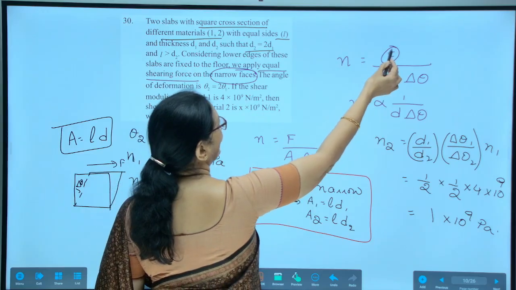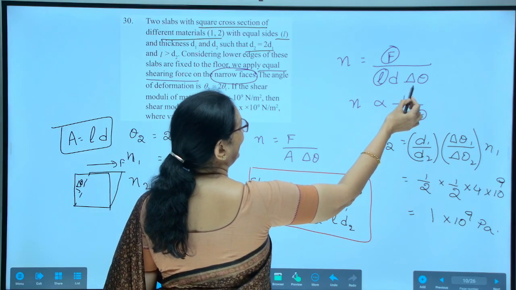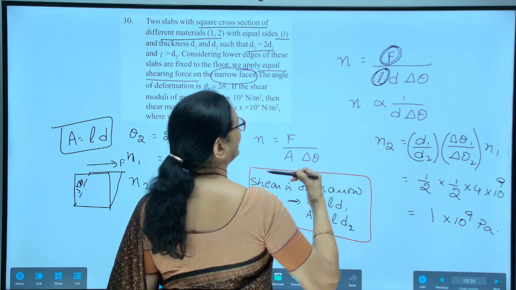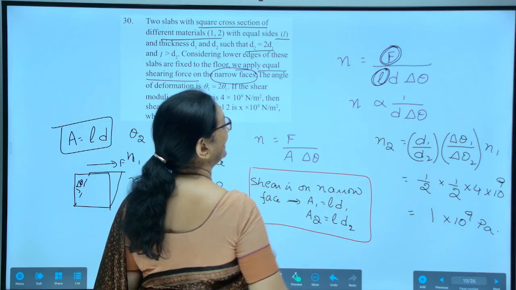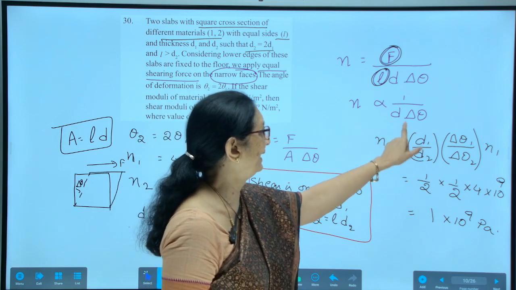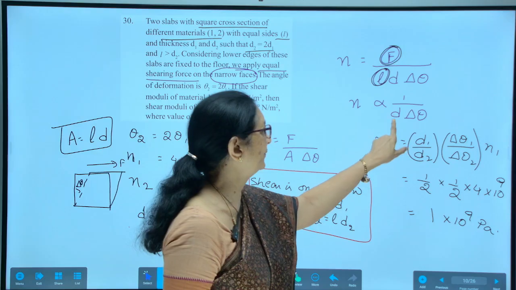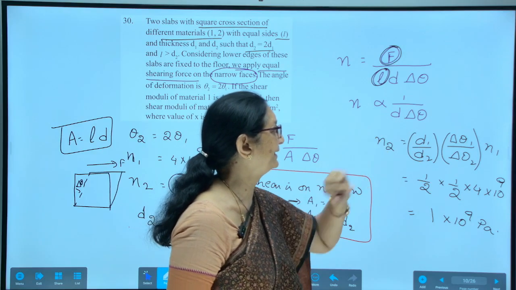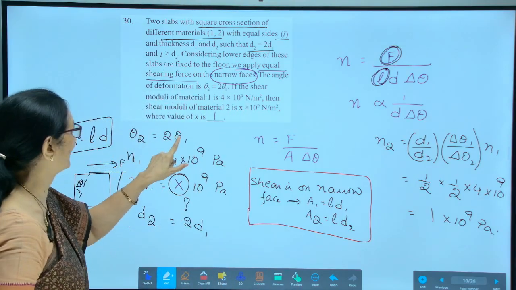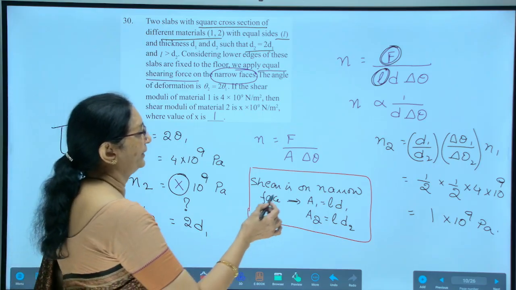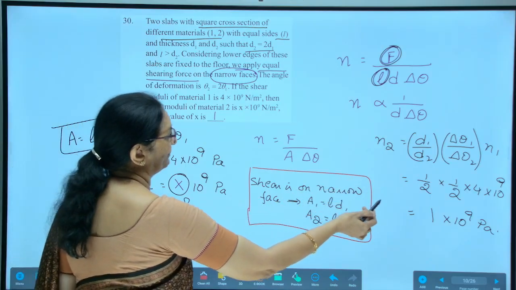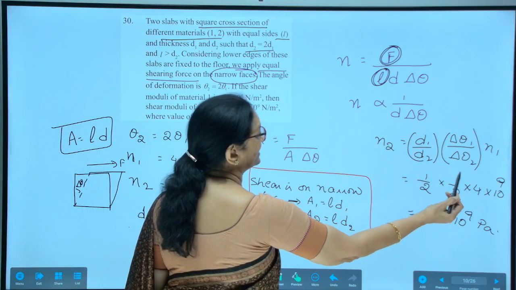Look here, N is equal to F by A delta theta. F is same in both cases, L is same in both cases. So N is inversely proportional to D delta theta. So N2 is D1 by D2, delta theta 1 by delta theta 2 times N1. From this expression, D1 by D2 is equal to 1 by 2, and theta 1 by theta 2 is 1 by 2.